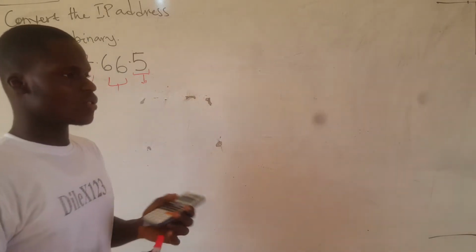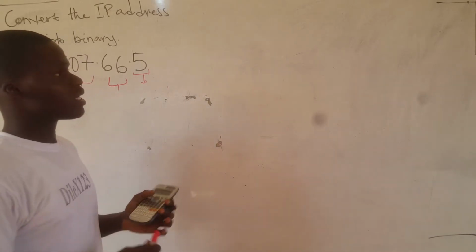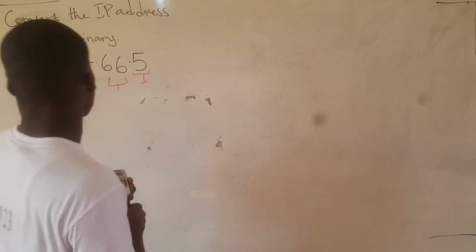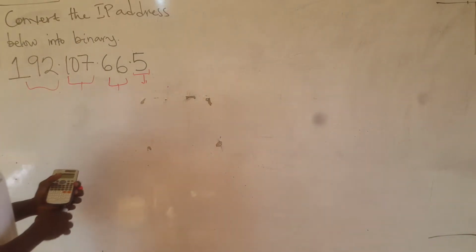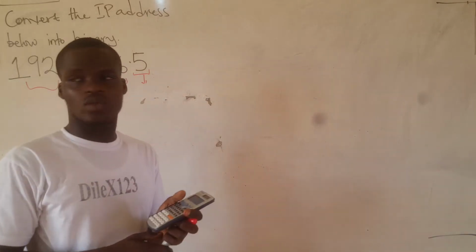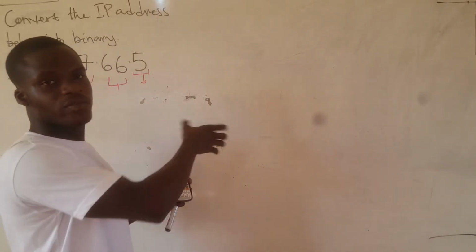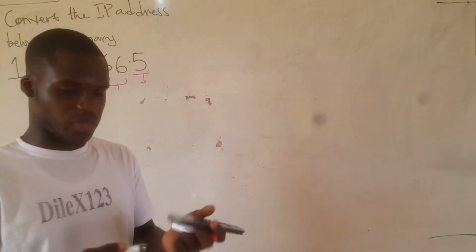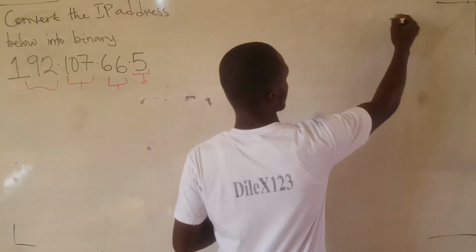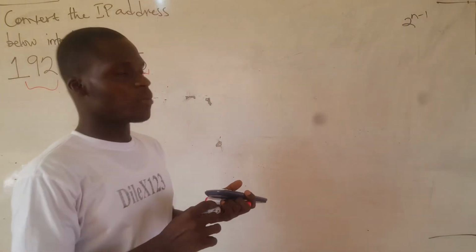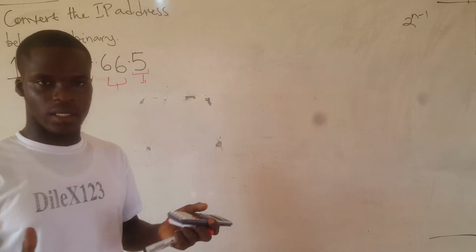There are so many ways you can use to do that, and the way that I want to use to solve this is, first of all, since we have to represent each of the digits here in 8 bits, there's a certain formula we use so that we get to know where we have to end when we are writing the numbers in the form of bits. We use the formula 2 exponent n minus 1, where n is the number of bits we want to represent the number in.